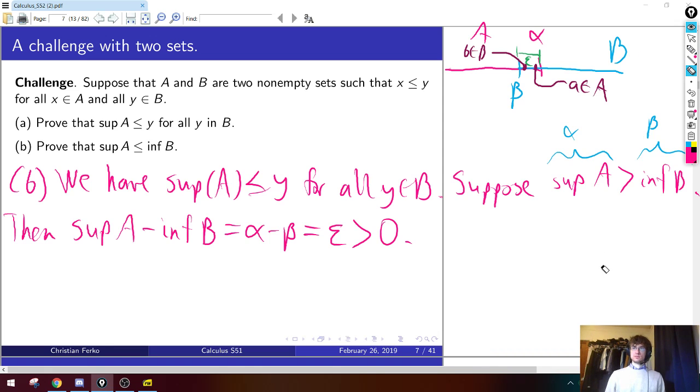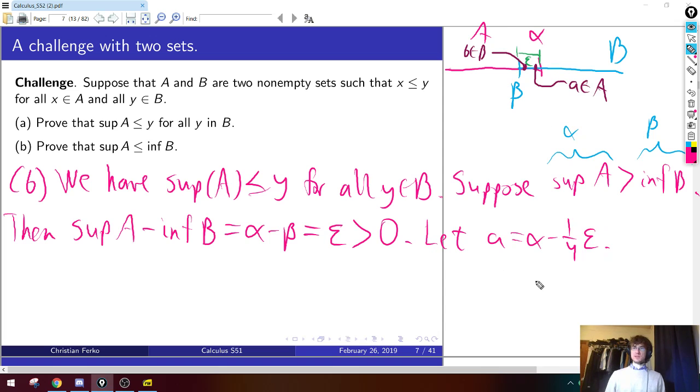Let us define a value a such that a equals alpha minus 1/4 epsilon. So now we have to prove why there must be some element a belonging to the set A such that a is greater than alpha minus 1/4 epsilon. How do we know there actually is an element in A which is bigger than this one I've written in brown up here?